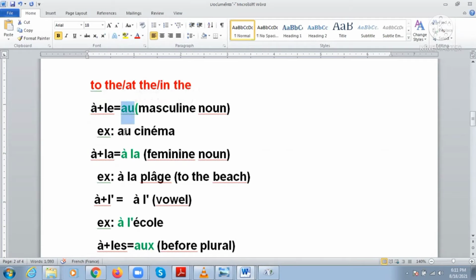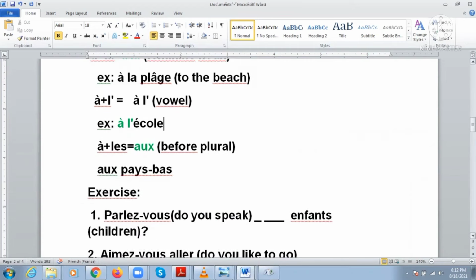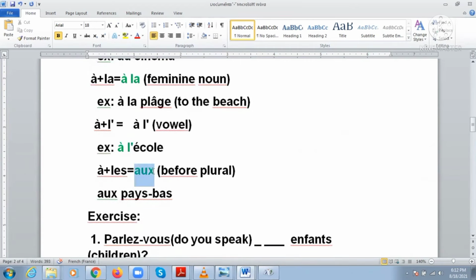An apostrophe, like à l'école, is always used before vowels. To the school, in the school. And "aux" before plural. I'm going to America. Okay, I'm going to Netherlands, or Pays-Bas. Pays-Bas is Netherlands. So this is how we use contracted articles.